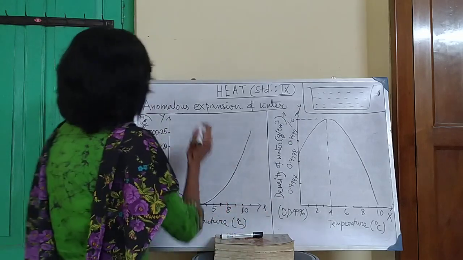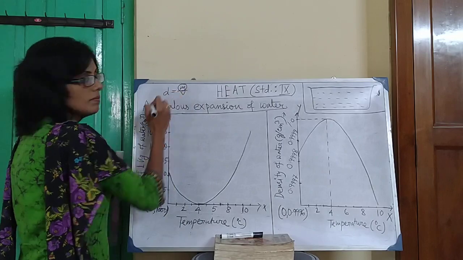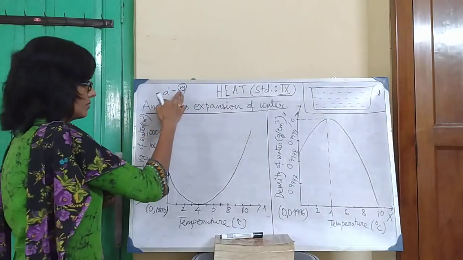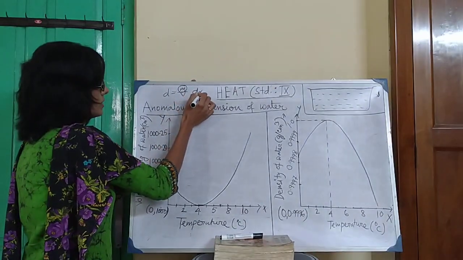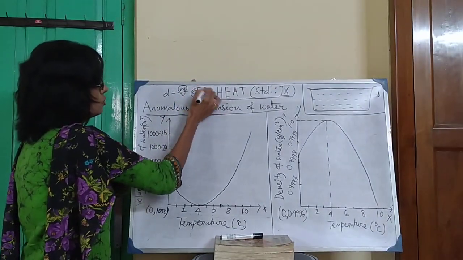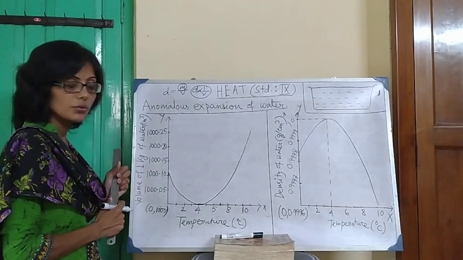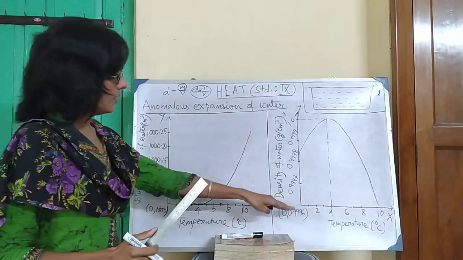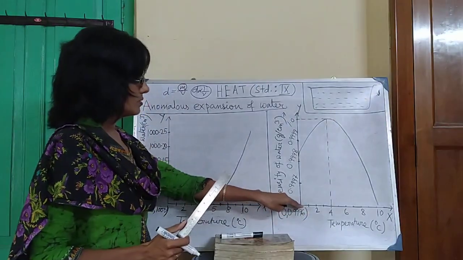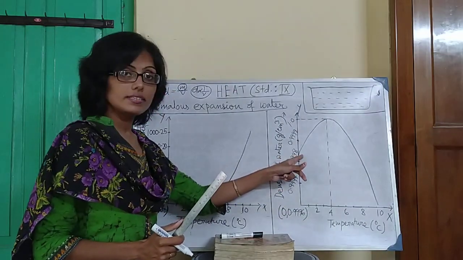Since density d equals m by v, and mass is constant, we can write d is proportional to 1 by v, means d is inversely proportional to v. For a constant mass of water, if we increase the temperature from 0 degree to 4 degree, at 0 degree centigrade the density is here.